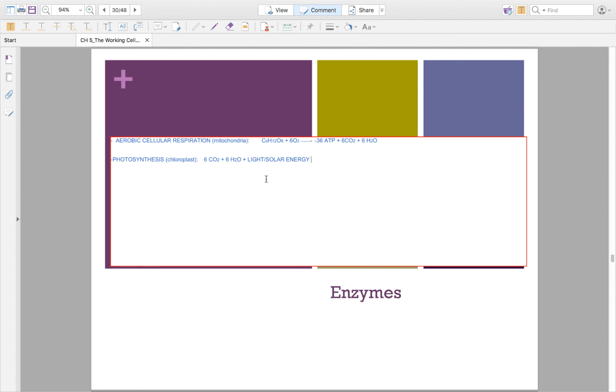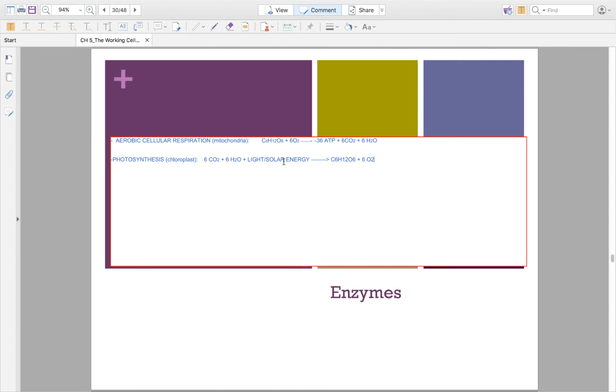All right, what gets made is every round of photosynthesis will make 1 glucose, which is C6H12O6, and it gives off 6 oxygen, and that is the oxygen that you breathe.